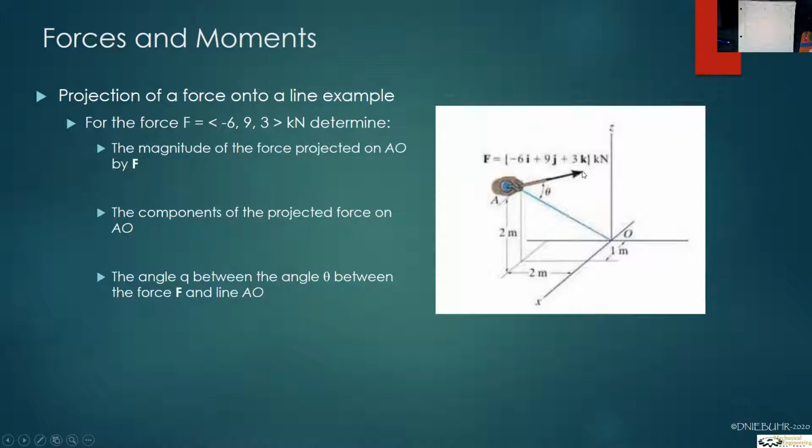We want to know how much of that force is projected onto this line AO. We have clearly delineated points of where it's located in space. We're going to find the magnitude of force on AO, then the components of that force, and finally the angle.